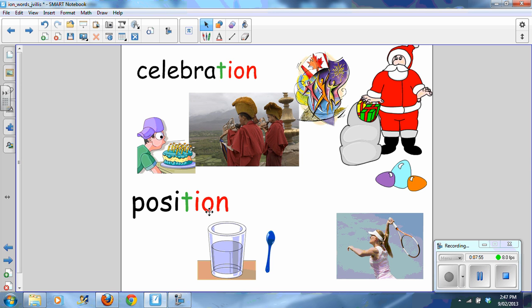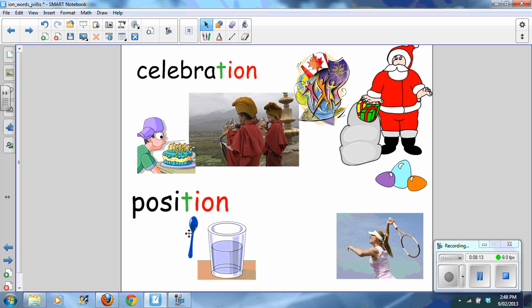Position. When you're talking about position, you are referring to the location of something. If I look at this glass and this spoon, if I describe the spoon's position, the spoon is on the right of the glass.